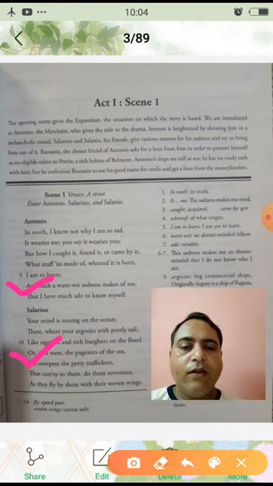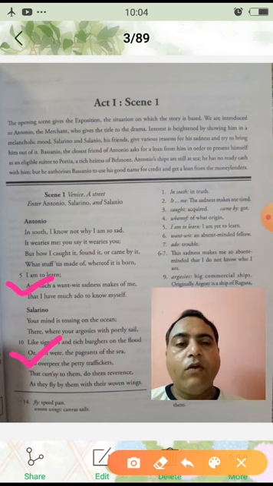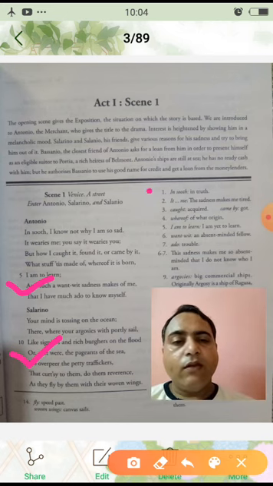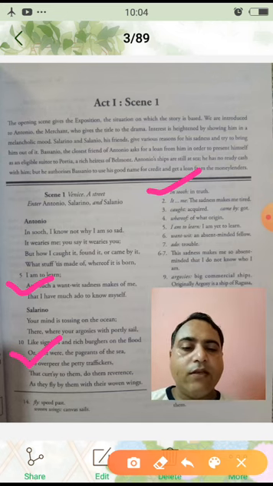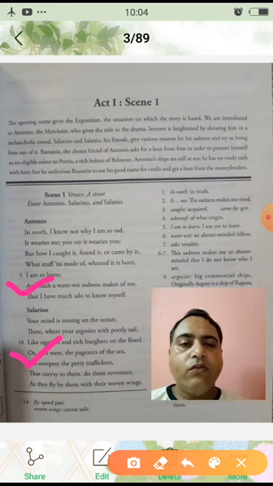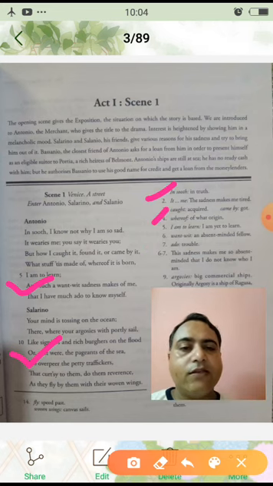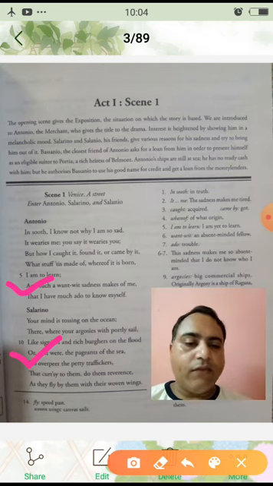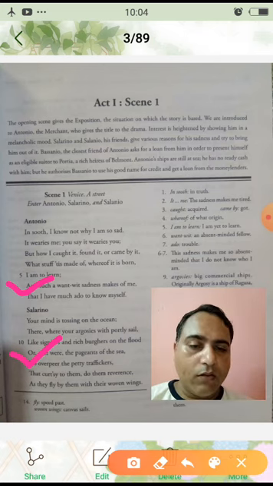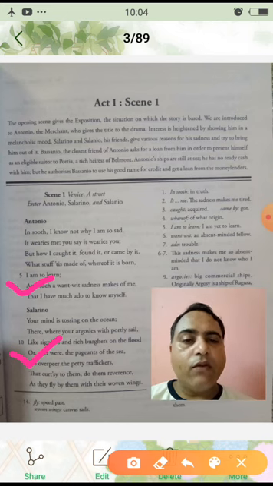In this way, line numbers are given. It will help you to understand and find the meanings, which are given on the other side. You can see there, numberings like 1, 2, 3, 4 are given. That means the meanings of these words are given from this line number. So this marking of 5, 10, 15, 20, 25 is given throughout the complete scene.